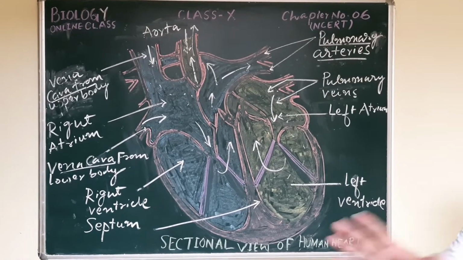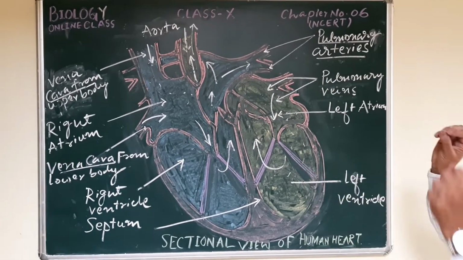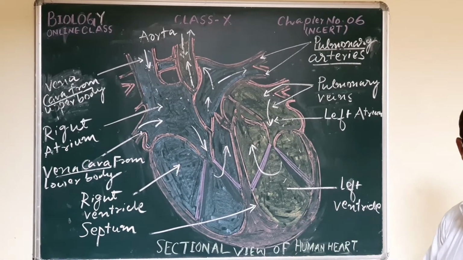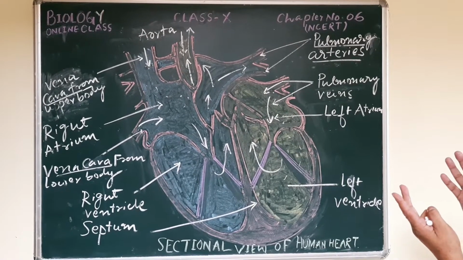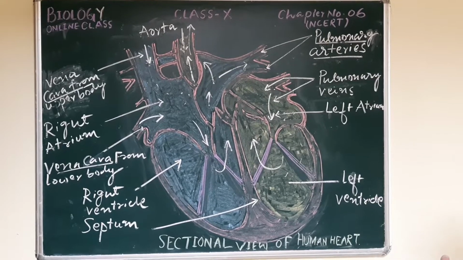There is no question of mixing in the human heart or in mammals. Understand? So these are some features of the course of blood circulation through the human heart.